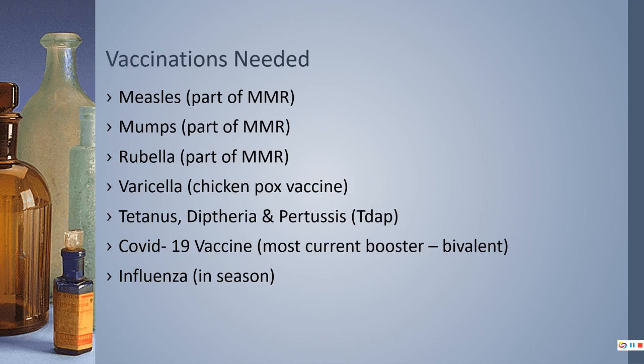COVID-19 vaccine, again, has more than one for up-to-date status, and the most current booster currently is the bivalent booster. The influenza vaccine is when in season, so that's usually in the fall and spring semesters and not in the summer semester.